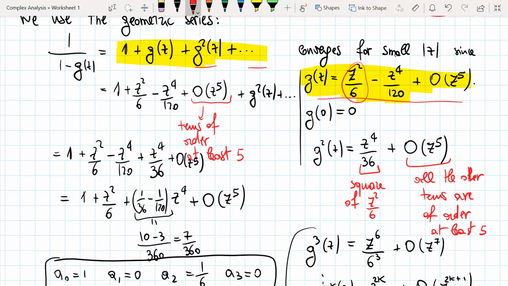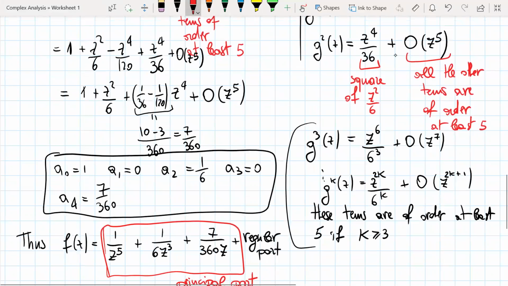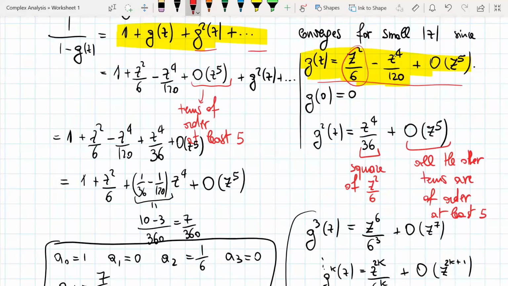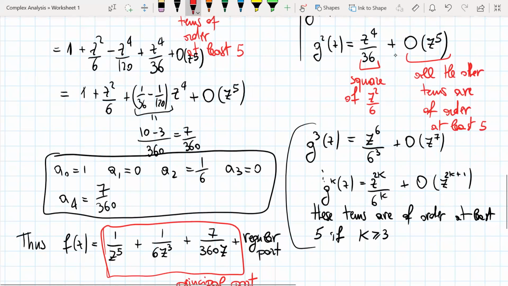But all these terms will have order strictly bigger than 4, so they can be ignored. And if I go to higher powers of g, then all terms will be of order bigger than 4, because g starts already with z squared. So g to the third will start with z to the sixth. In general, g to the k will start with z to the 2k. So all these terms will not contribute for k bigger or equal than 3.